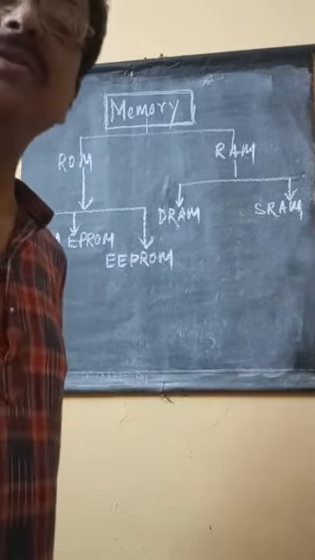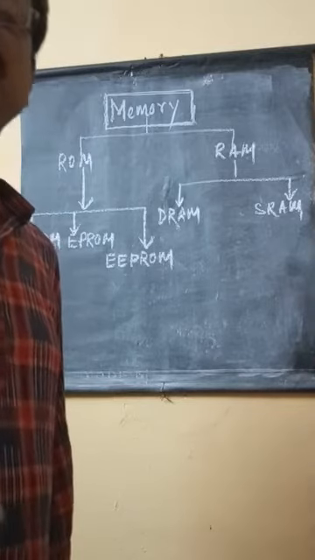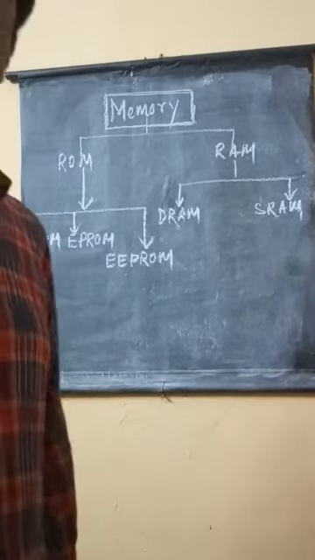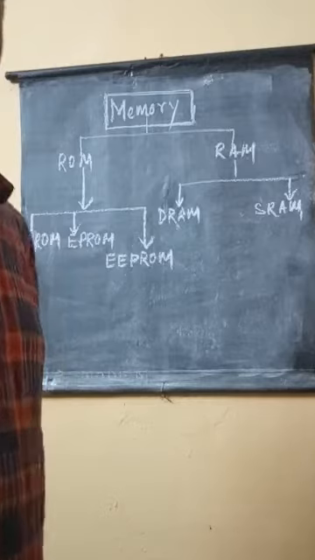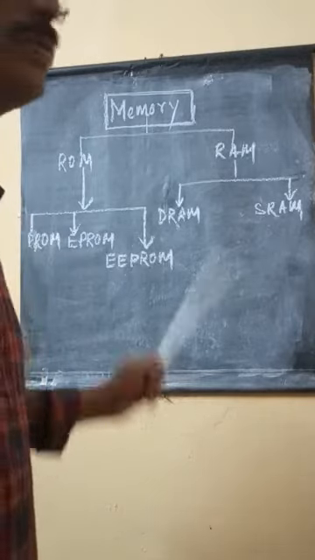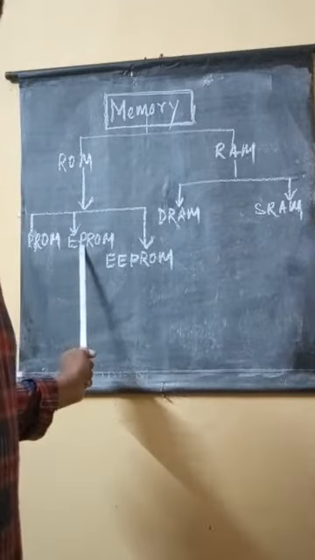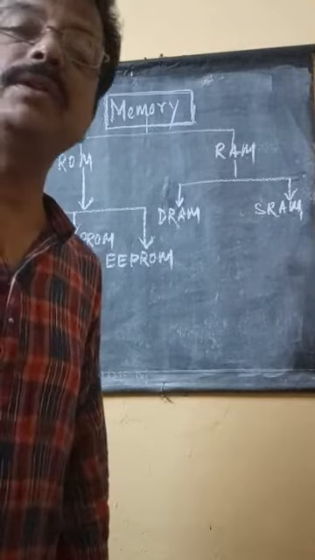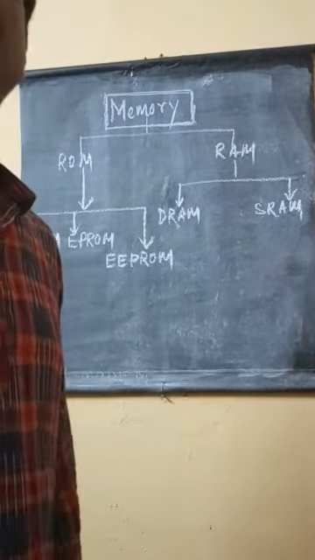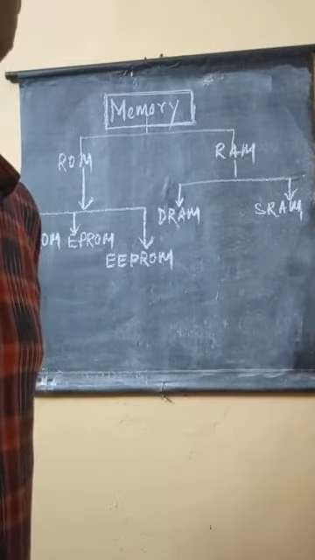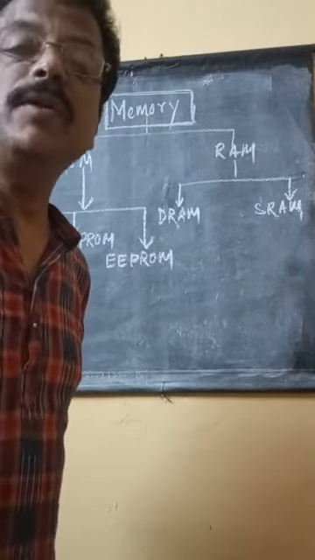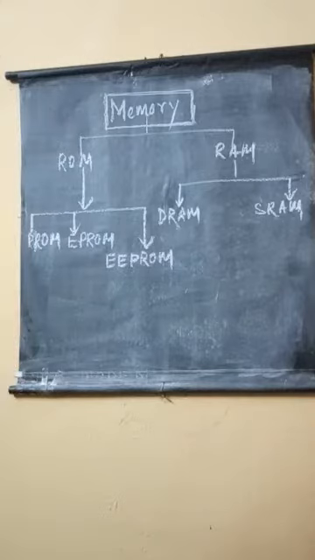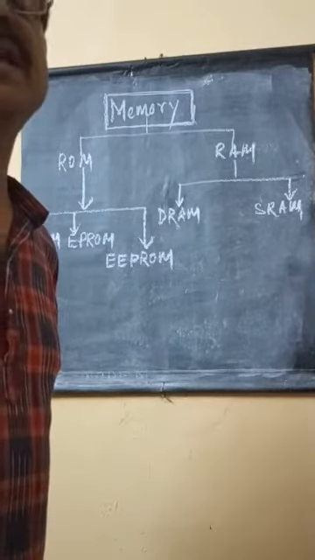So all those instructions, the manufacturers, those who are manufacturing the computer, they already stored in the computer, okay, in the ROM section of your memory. In the ROM section, they already stored the instructions which are required for starting the computer. So whenever you start the computer, you will not face difficulties. That is why the manufacturers store the instructions inside the computer.